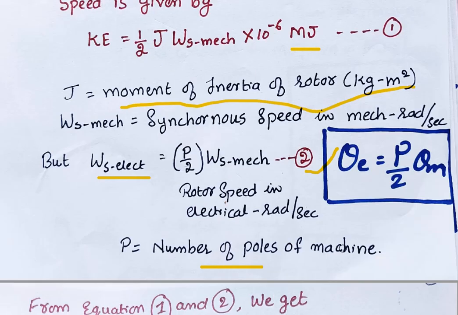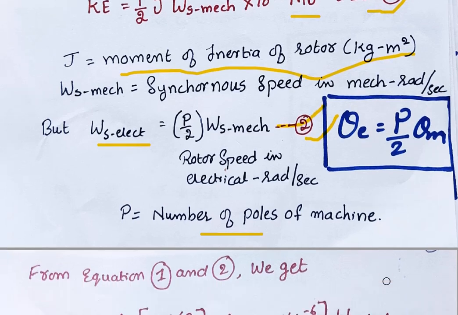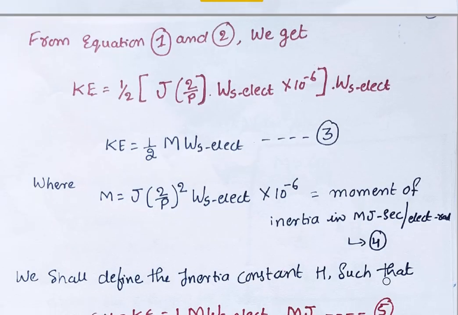Now from equation 1 and equation 2 we can get, instead of omega S mechanical, I want it in electrical. So Ke equals half J into 2 by P squared omega S electrical squared.